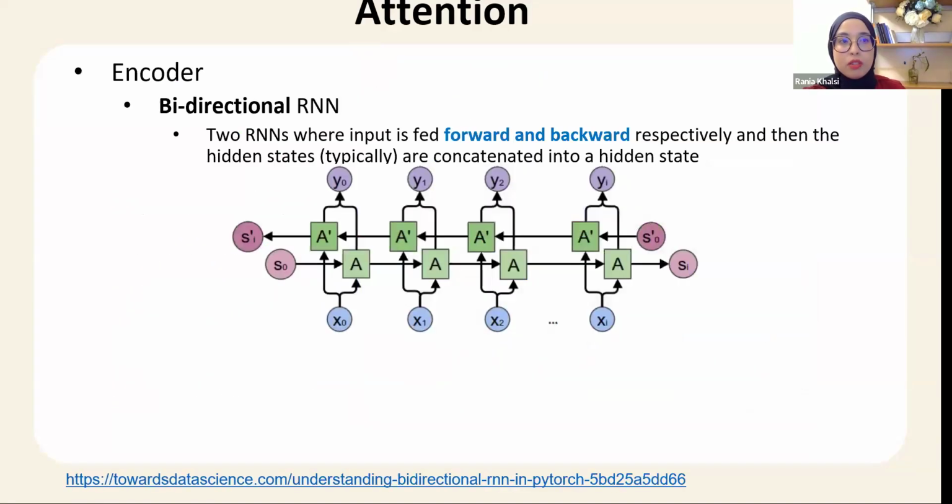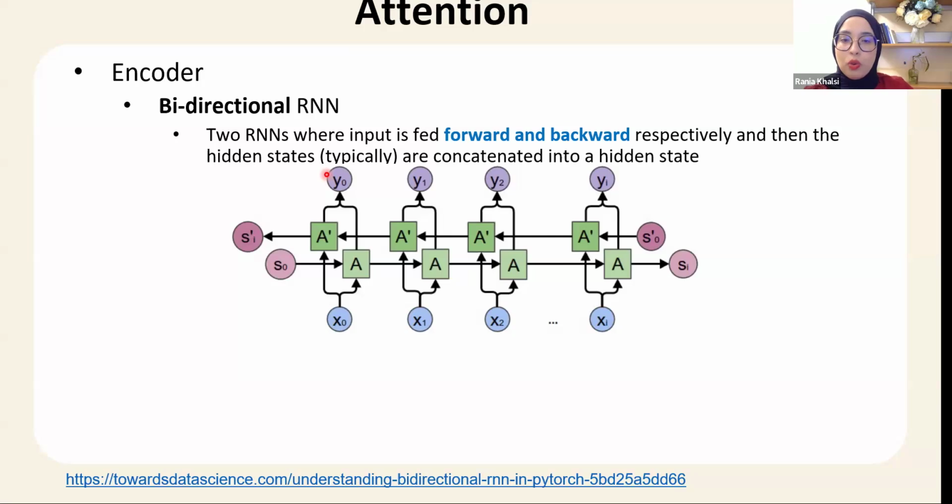What we have now is a sequence of words, okay? So you have x0, x1, x2, and for example, until xi. This is our sequence of words. And what we want is to encode this sequence of words. We want to obtain at the end the embedding, or the encoded representation.